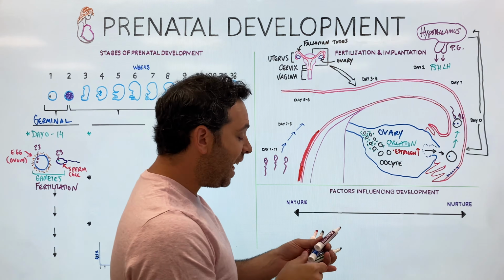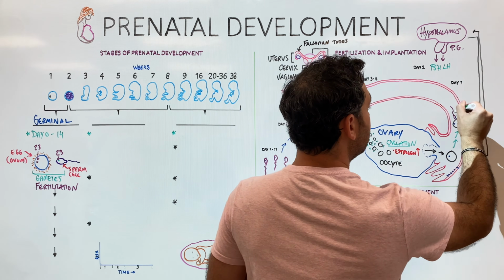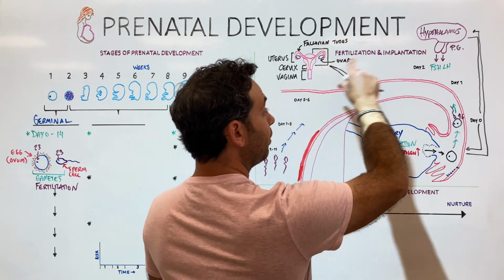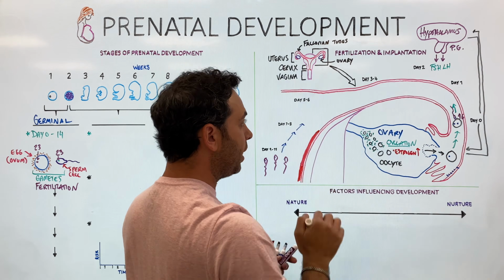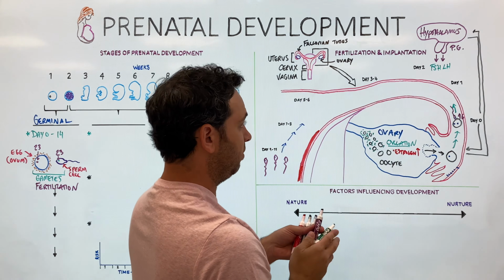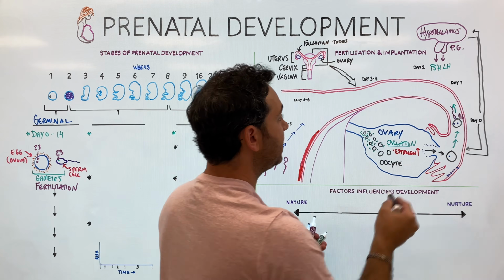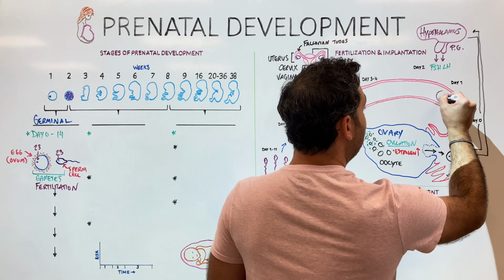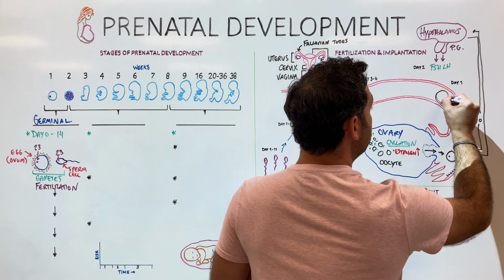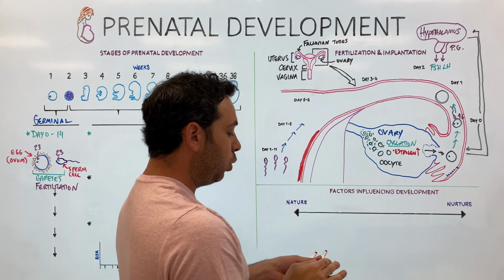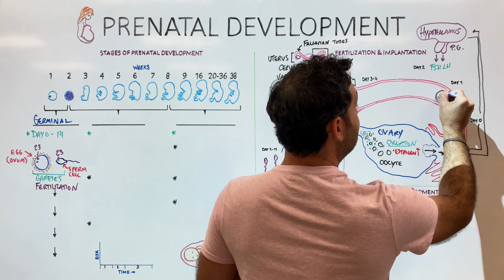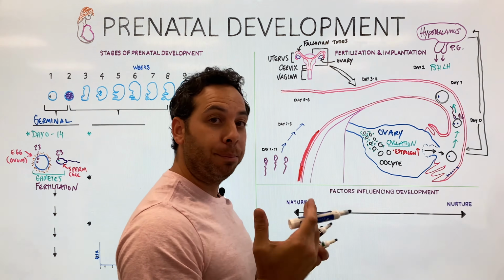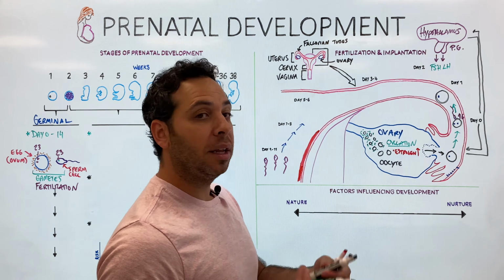Now this egg is still going to continue down this track, right? It's almost like the sperm go this way and the egg's going this way. And by day one, we'll write this in, we now have essentially a new human being, with DNA from the mom, maternal, and DNA from the dad, paternal.